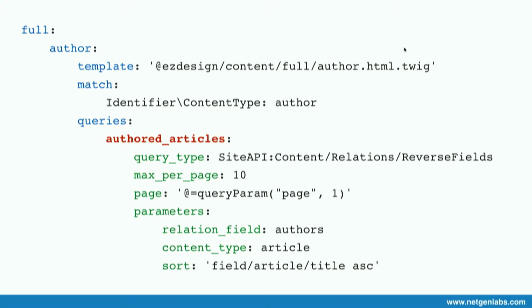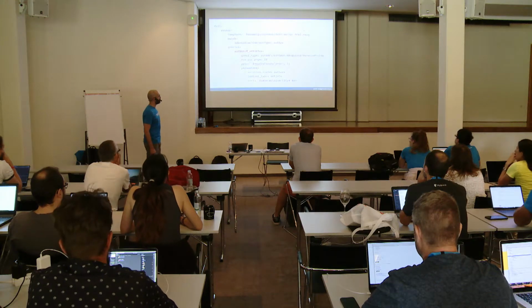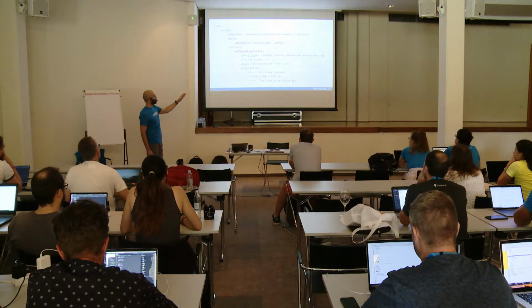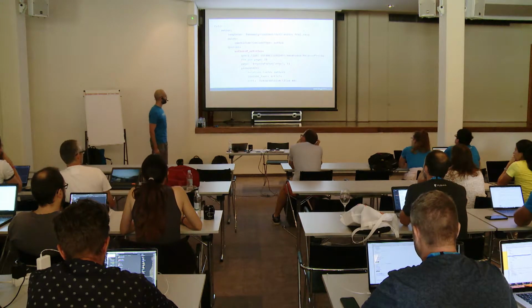Then you have the query type parameter, which identifies one of our built-in query types. In this case, it's reverse field relations, which returns content. This is just a convention that I made, basically hierarchical: content query type relations, and the type of relations is reverse fields.